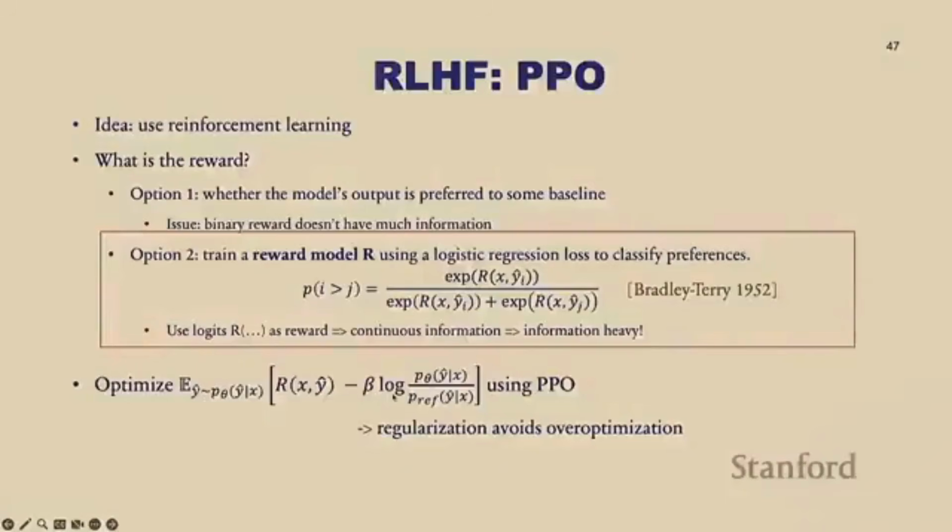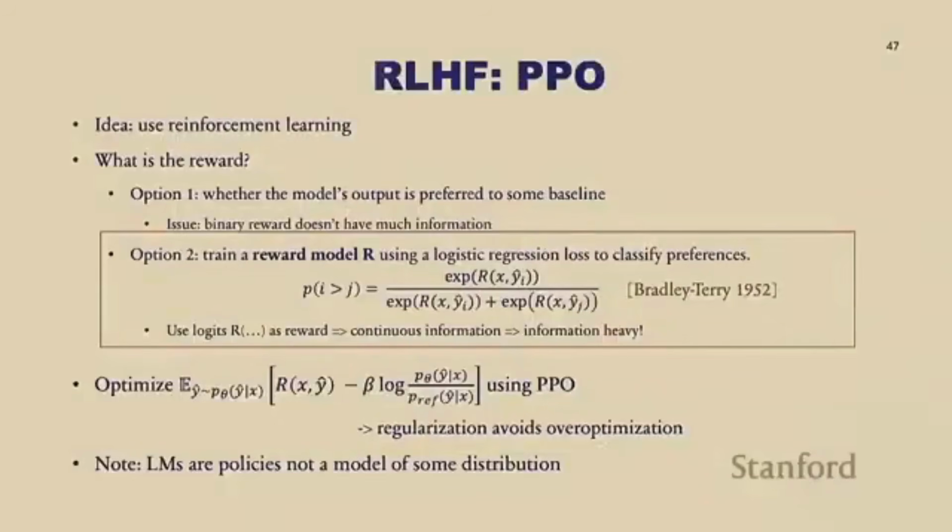And then you just use some regularization terms. The reason why we do this regularization term is for avoiding what we call over-optimization. This reward model might not perfectly model human preferences, so you don't want to maximize this thing to essentially infinity. And you do it using PPO, which is a common reinforcement learning algorithm.